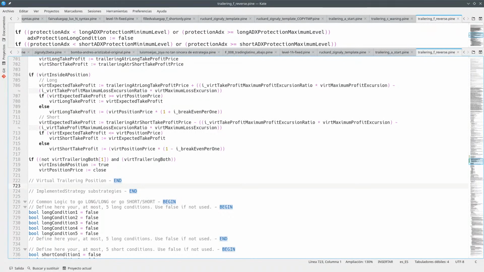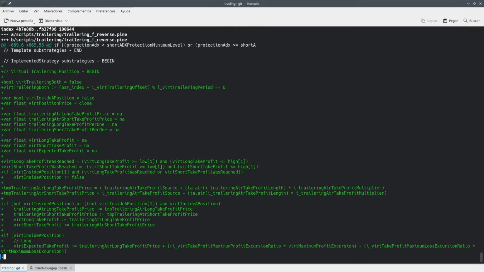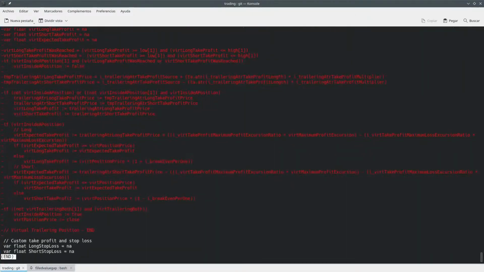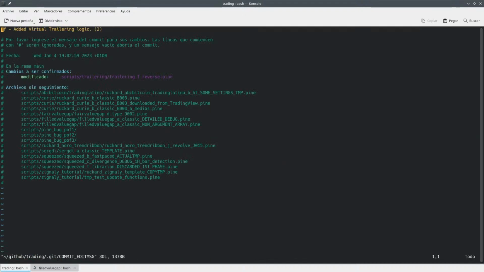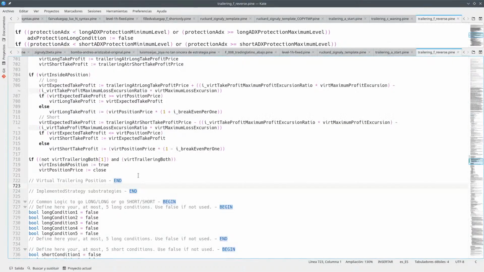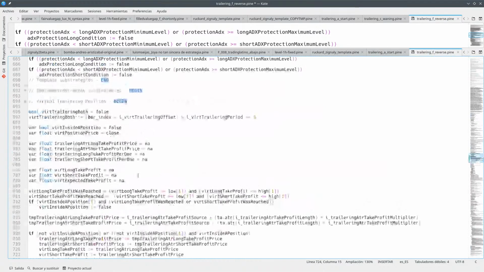Okay, let's take a look here. See if it makes sense. So we add all of this code which is removed from here. Yes, please. So now we are quite near to what we are aiming for, which is the trailering super strategy.